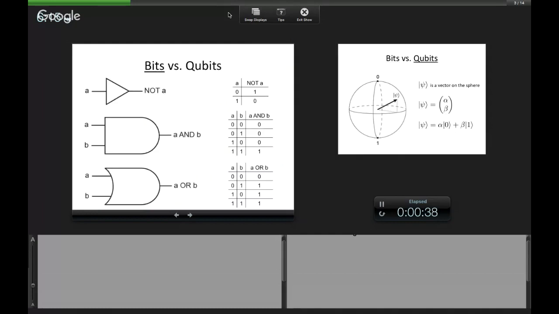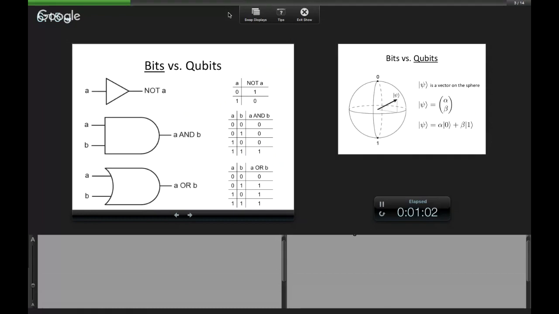As a quick reminder to everybody, what does he mean by electricity going through a wire or not, a binary system? Here's a reminder of what some of the gates in your computers look like. You either have electricity going through it, a 1, or not, a 0. And you can do gates on your bits.